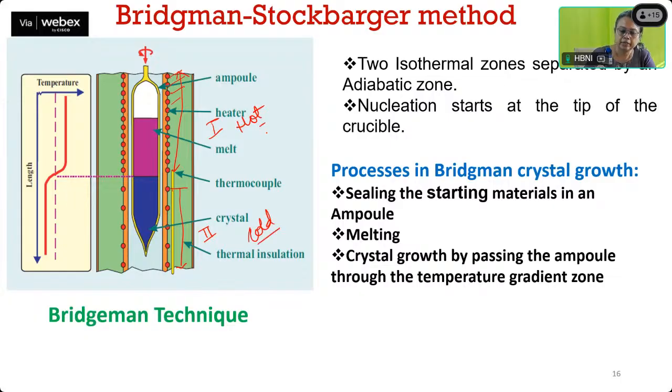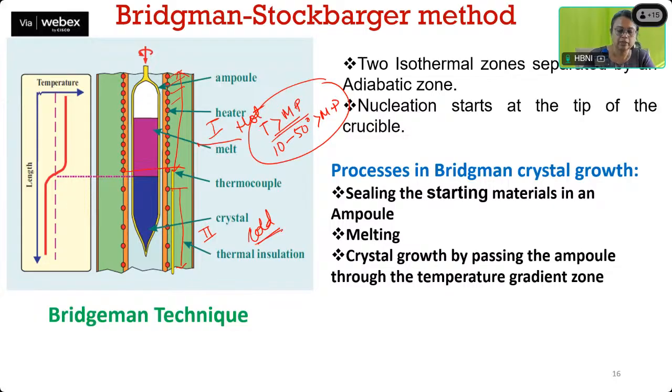At the hot zone, the temperature is higher than the melting point. You can even keep it at a temperature of say 10 to 50 degrees higher than the melting point, so that initially the crucible is loaded here up to here only, and the full material is molten, and then slowly the crucible is lowered.